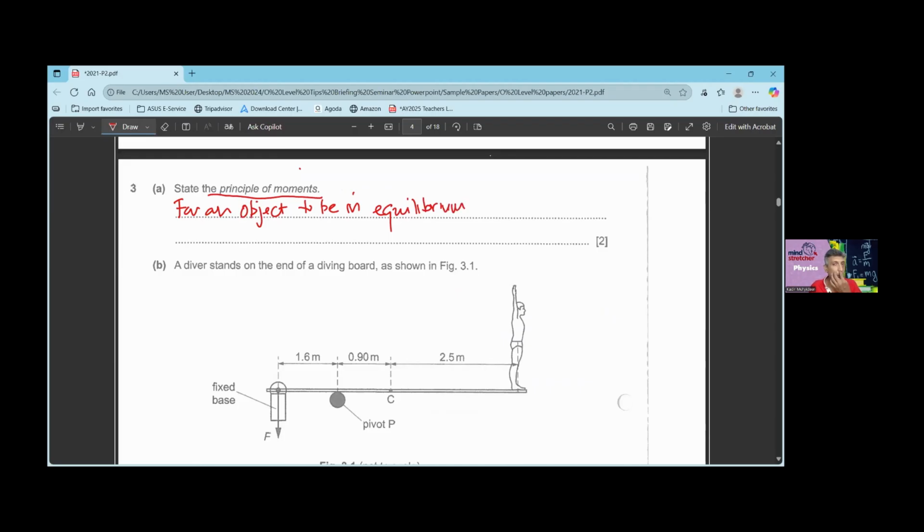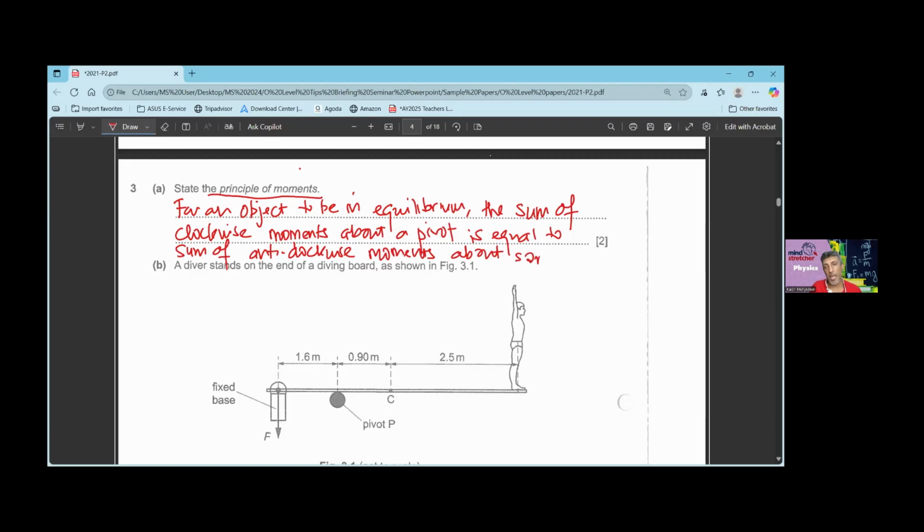Okay, for an object that is in equilibrium, the sum of clockwise moments about a pivot is equal to sum of anti-clockwise moments about the same pivot.